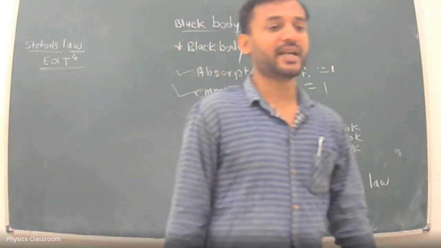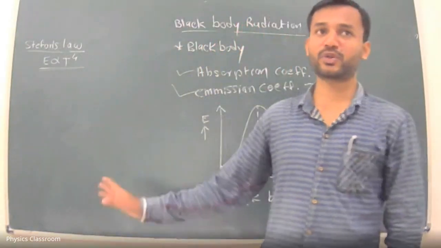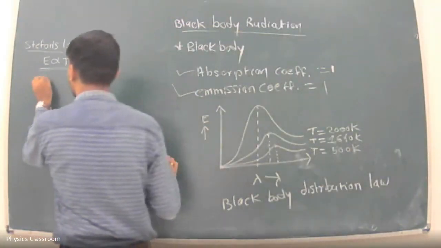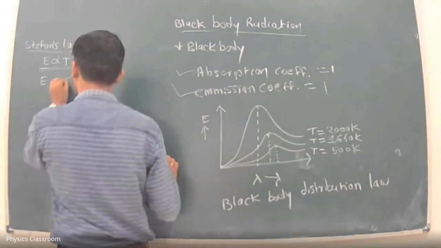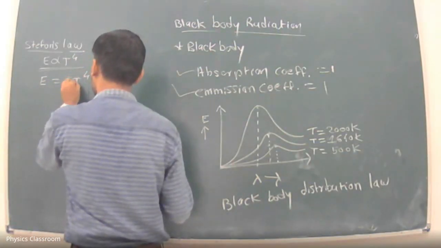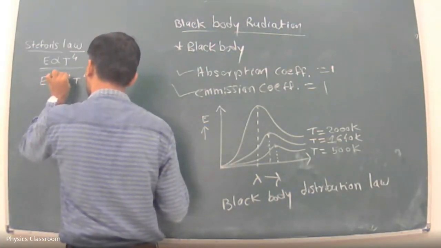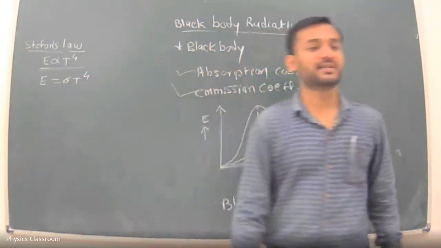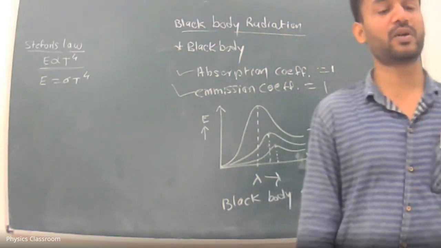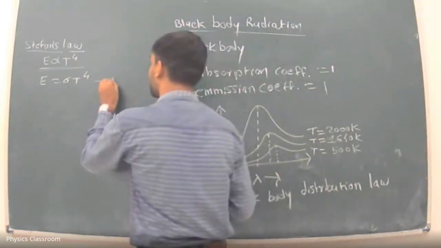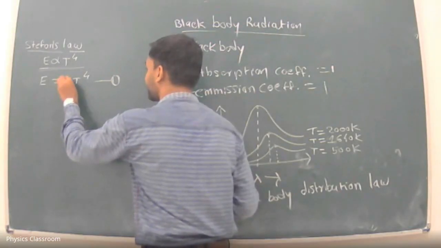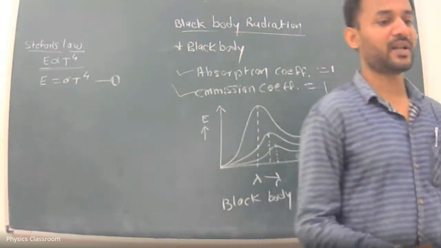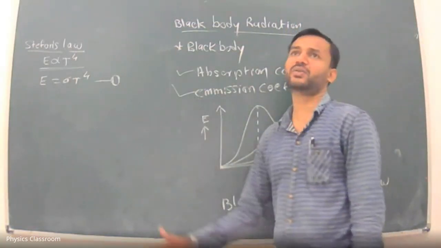That is, E is equal to sigma T raised to 4. We call it equation number 1. This is Stephen's law.